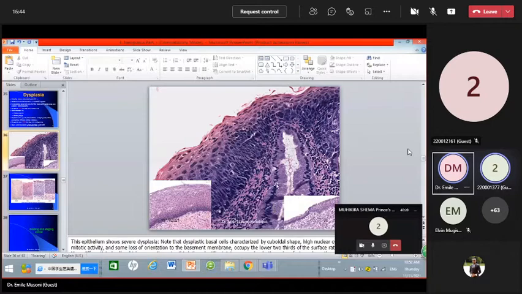This one is in the cervical gland. It is a normal gland. You see the cells preserve the polarity. They are in the same position. This is what we call polarity. And here there is mucin. So this one is a normal gland. This one is abnormal epithelium.